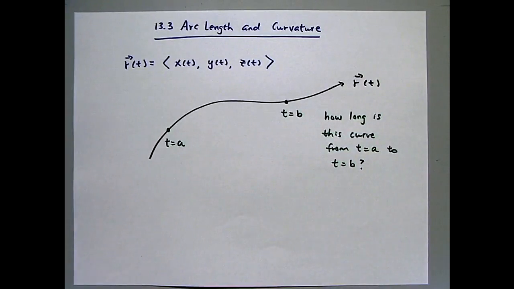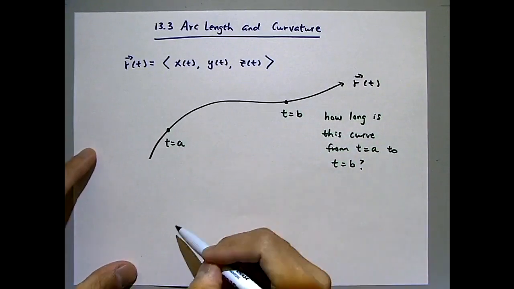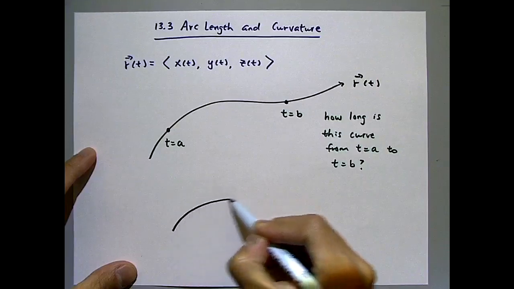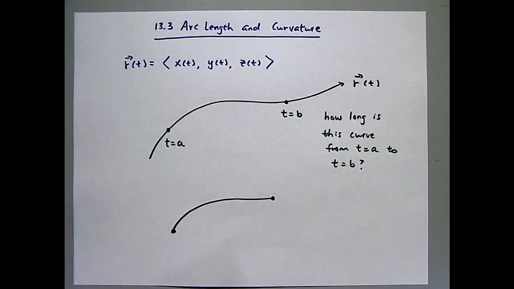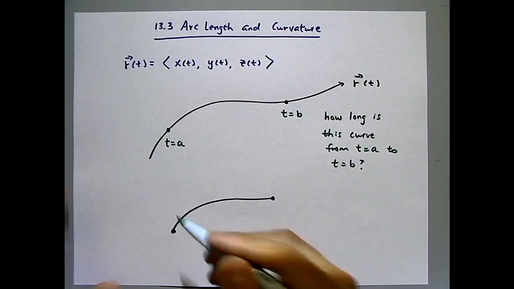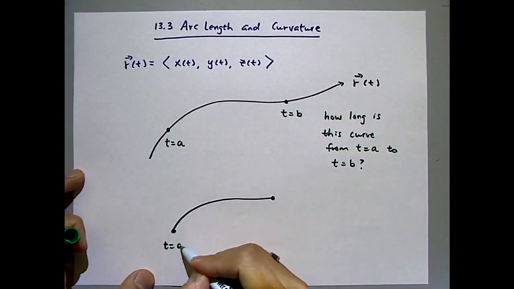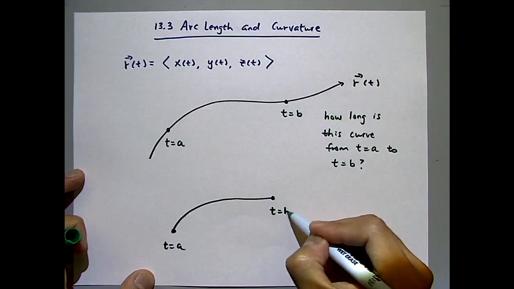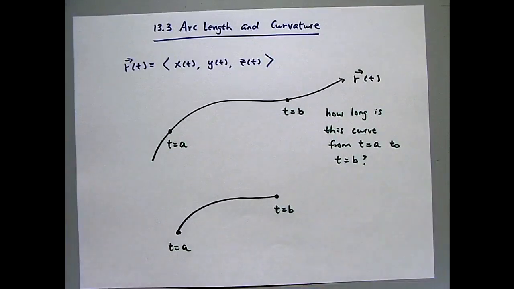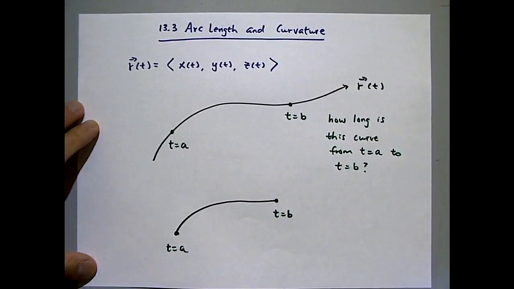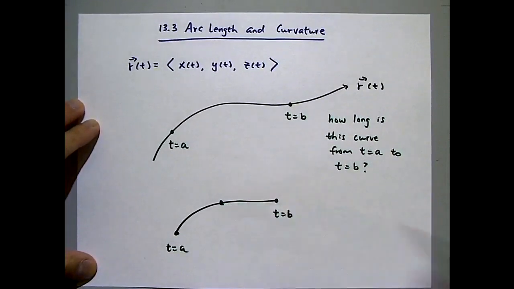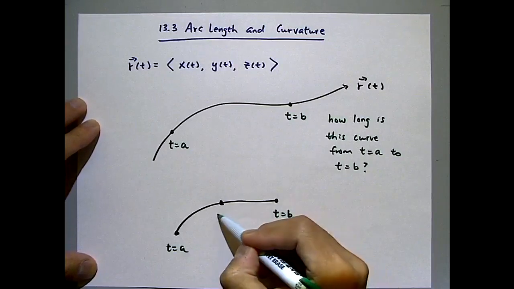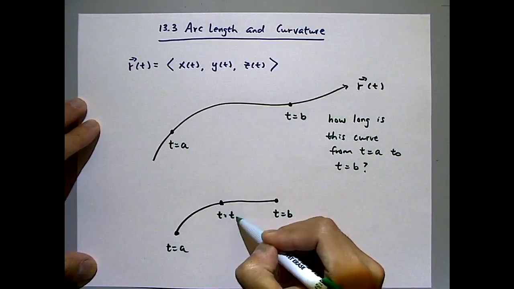So one thing we can do, let me resketch this portion of the curve here. This is t is equal to a. This is t is equal to b. One thing I can do is cut it into two little pieces for now. Let's say right here, and this is some other time. Let's call that t1.